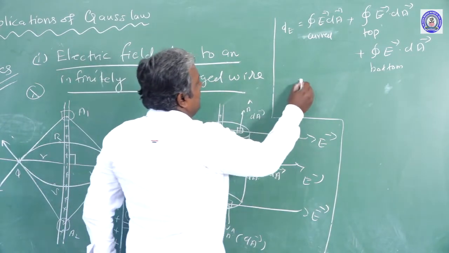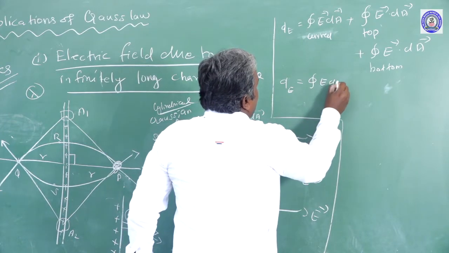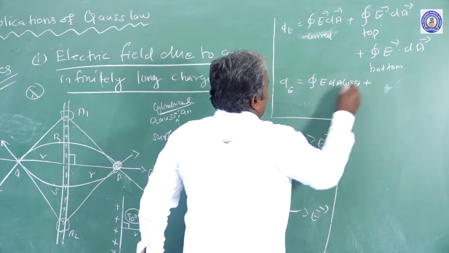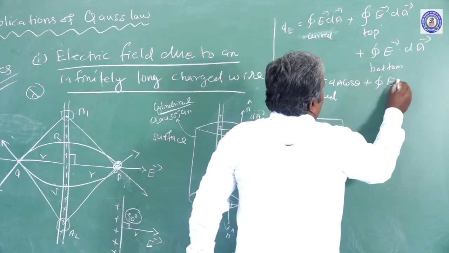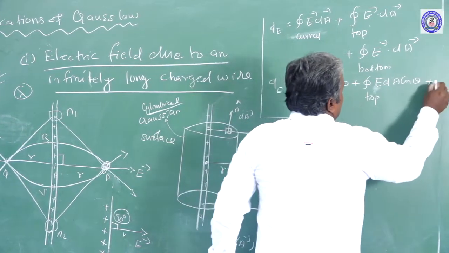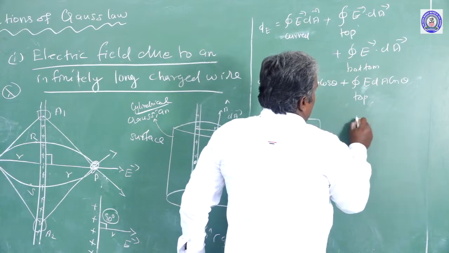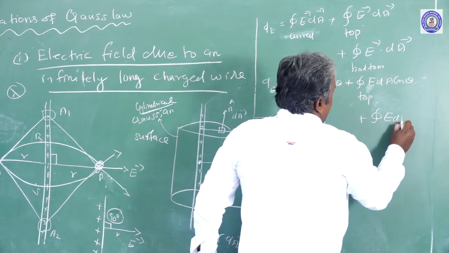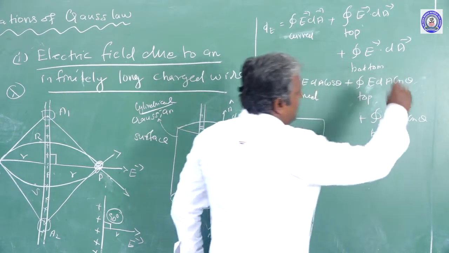Or phi is equal to the integral of E dA cos theta over the curved surface, plus the integral of E dA cos theta over the top surface, plus the integral of E dA cos theta over the bottom surface.